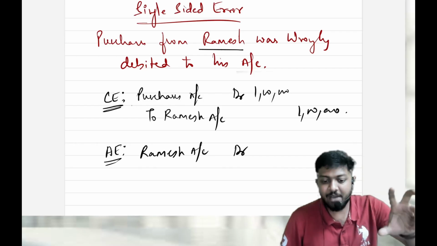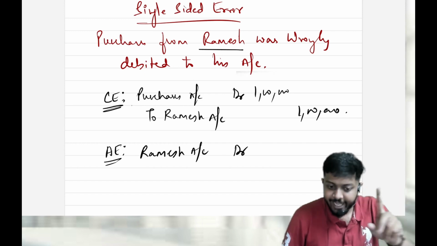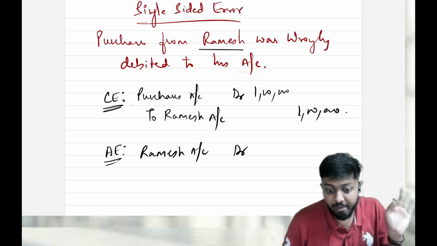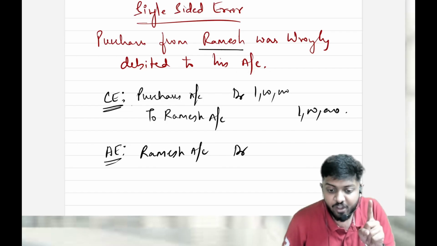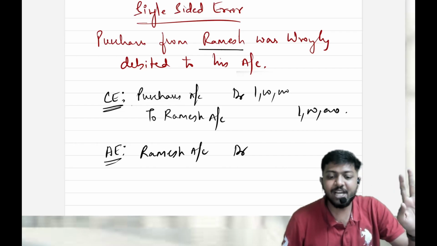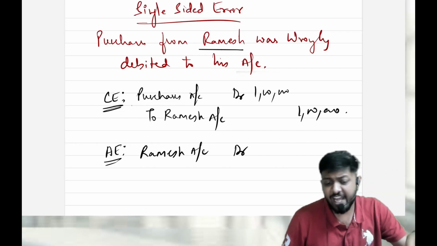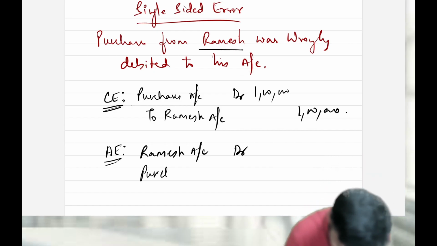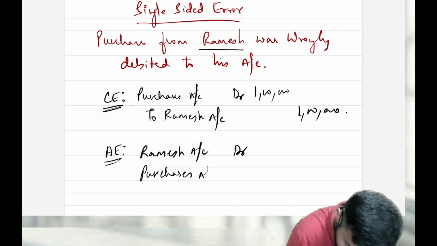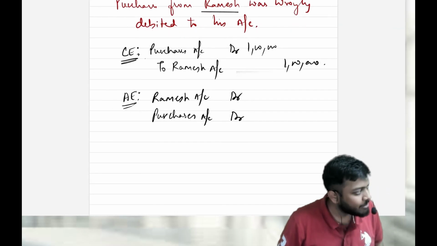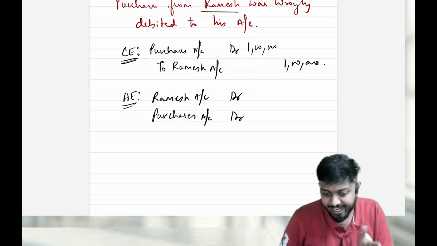This is not just for this example, generally also. They spoke only about Ramesh in the question: purchases from Ramesh was wrongly debited. They have not told anything about purchases. That means our assumption should be that the purchase account is posted correctly, that is, purchase is also debited. This is the effect, not the journal entry.